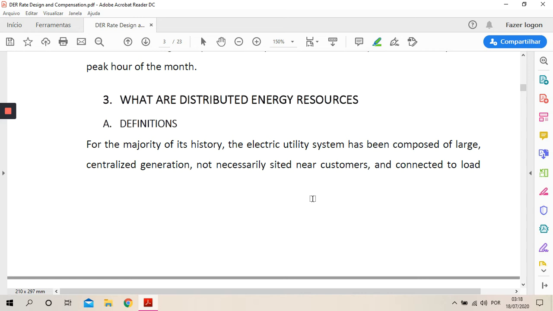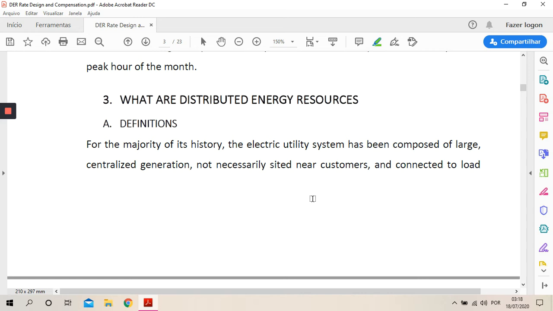What are distributed energy resources? Here we are going to define distributed energy resources. You may not know it. I didn't know. I had to read it and other materials to get to know what a DER is. And this file is going to tell what distributed energy resources are, and you are going to have a definition for it.